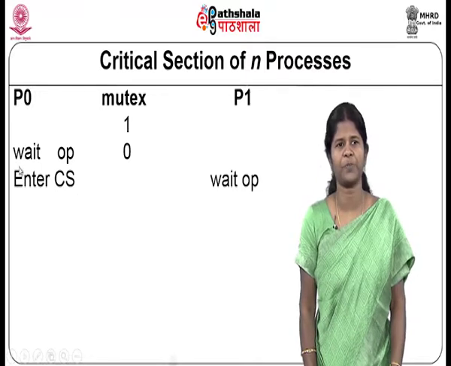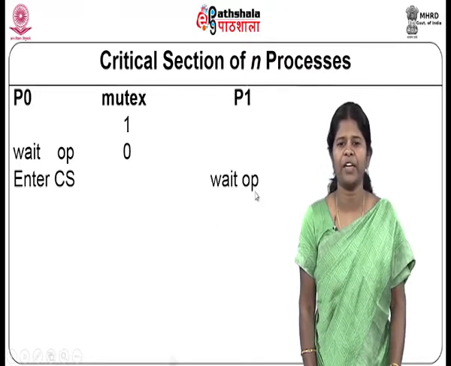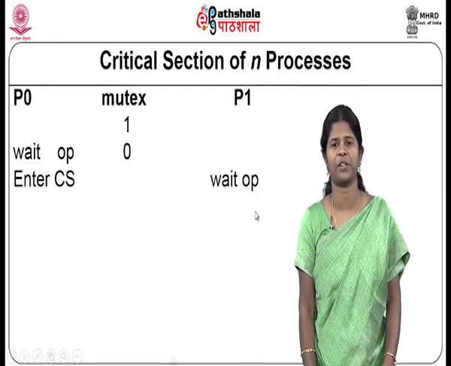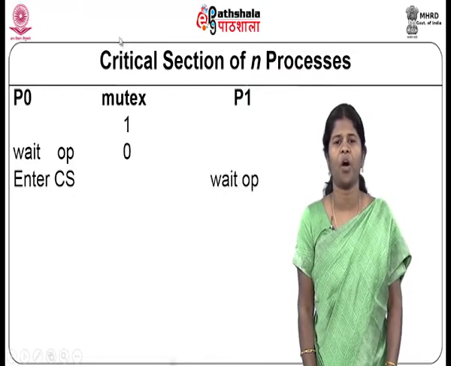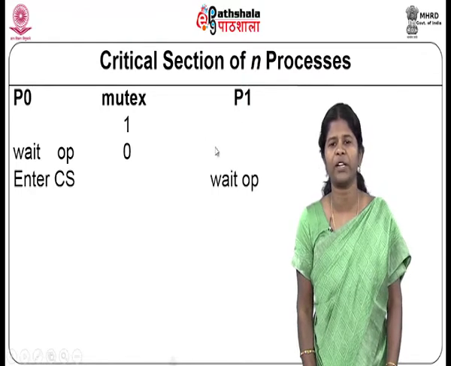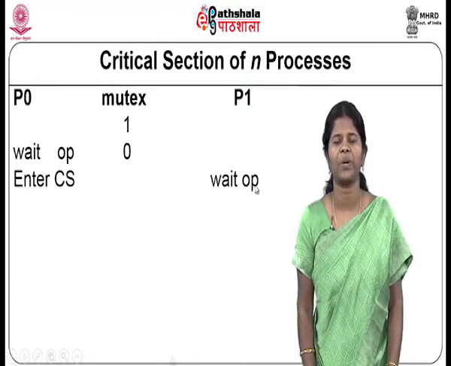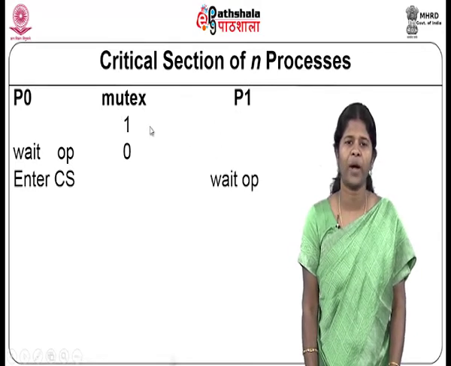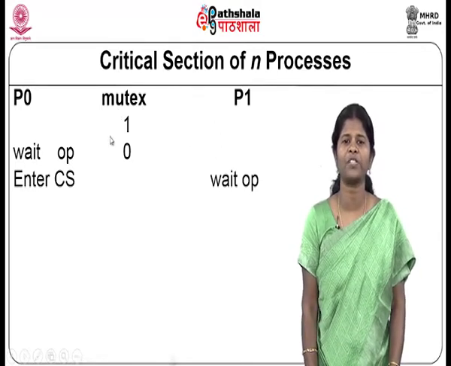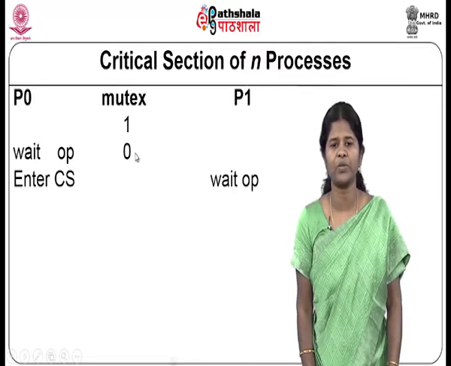When P0 is present in the critical section, say P1 wants to enter the critical section. P1 will have to execute the wait operation on the semaphore mutex before it can enter. While executing this wait operation, P1 checks if the value of mutex is less than or equal to 0.